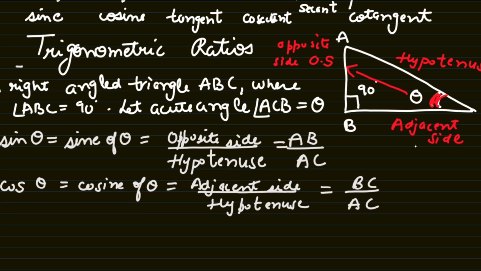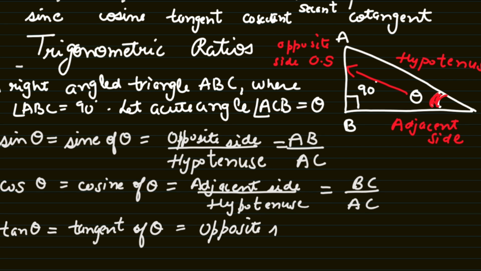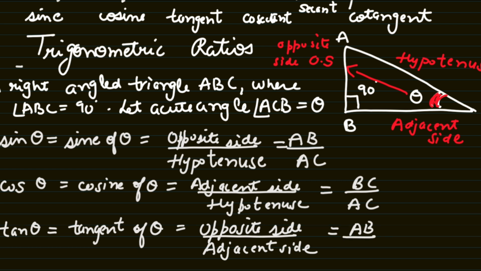So sine theta is AB upon AC, that is opposite side upon hypotenuse, and cos theta is BC upon AC, that is adjacent side upon hypotenuse. Next we have tan theta, that is tangent of theta. Tan theta will be the opposite side divided by the adjacent side. Here the opposite side is AB and the adjacent side is BC.